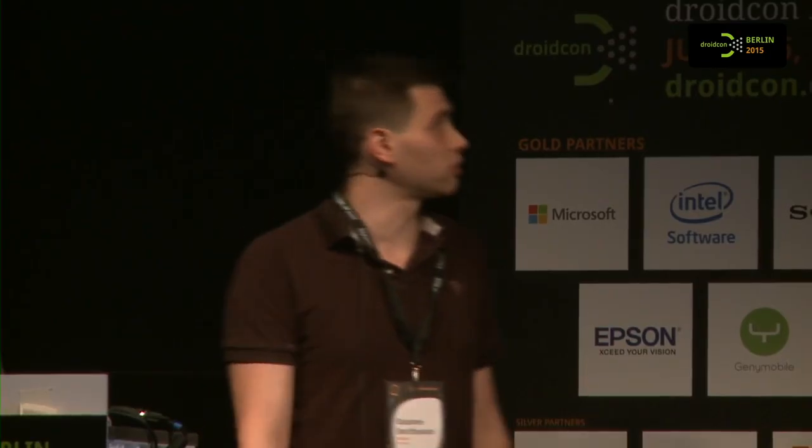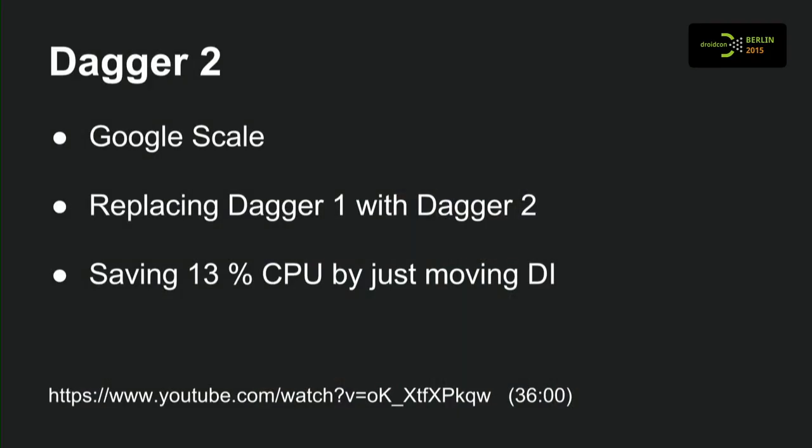So it used a little bit of reflection at runtime. Google used it at Google scale for internal dependency injection, and they saved 13% of CPU time by migrating to Dagger 2. That is a fork of Dagger 1 they implemented in the last few months, and it's completely without reflection. So zero reflection here, and a CPU decrease of 13%.